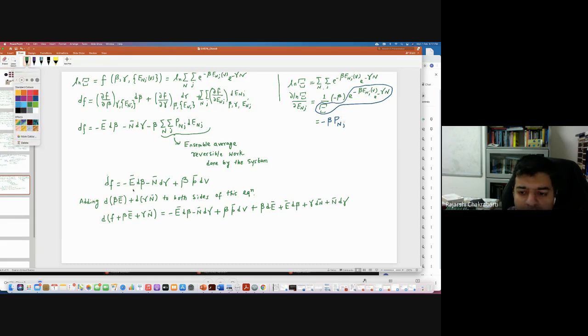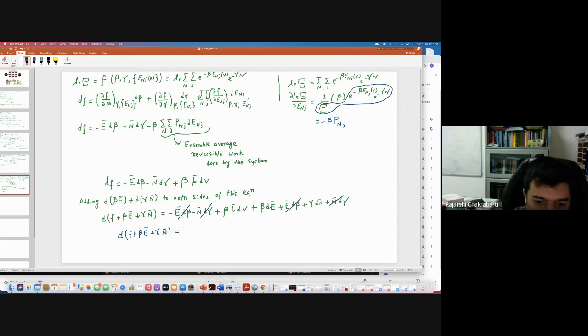You can simplify this. If I simplify this, what is going to happen? This guy will go, this guy will go, and we'll have three terms left. So what I have here is d of f plus beta E bar plus gamma n bar is equal to beta T bar dV plus beta T bar.